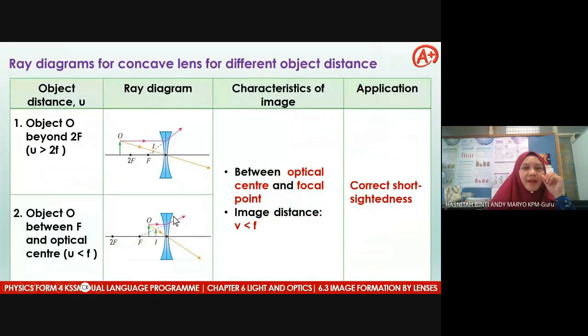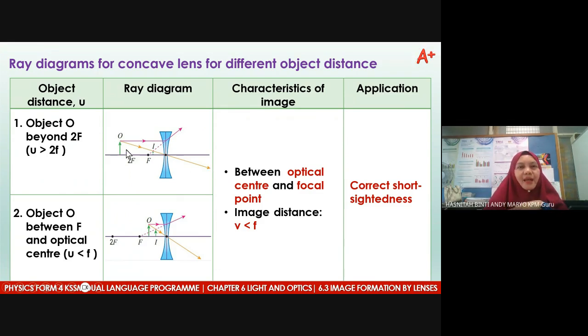So this is an example of drawing a ray diagram for a concave lens. We take the first drawing. Now we place the object beyond 2F, greater than 2F. So this is the object, the green color. We apply rule number 1, the yellow light ray, a light ray passing through the optical center, so not refracted, continuing to travel in a straight line.